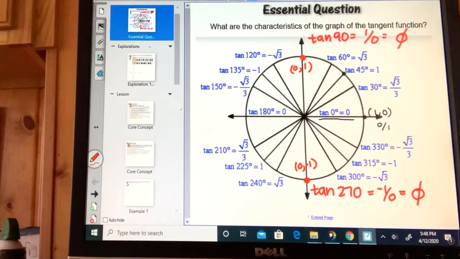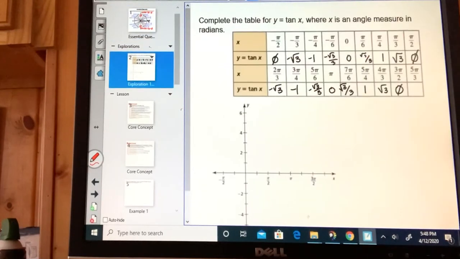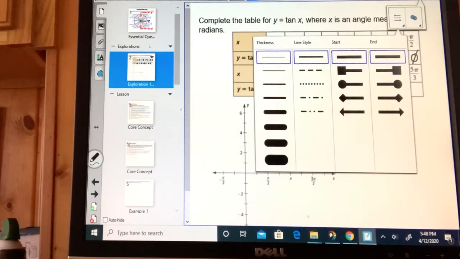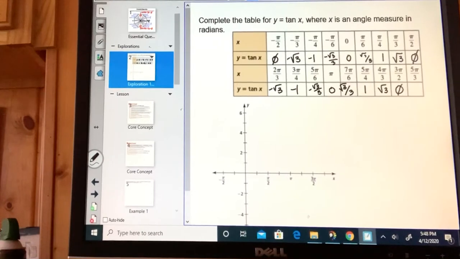So what I did here for this next slide is I took that table and put all of those tangent values into my table so it would be easier for me to graph. Now, personally, when I'm graphing, I think the easiest things to graph are my asymptotes, because I know at negative pi over 2, I have an asymptote.